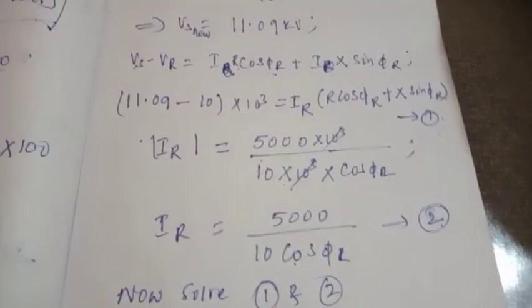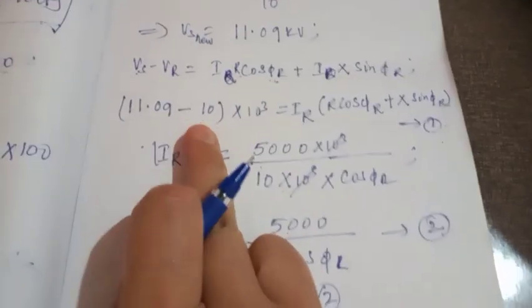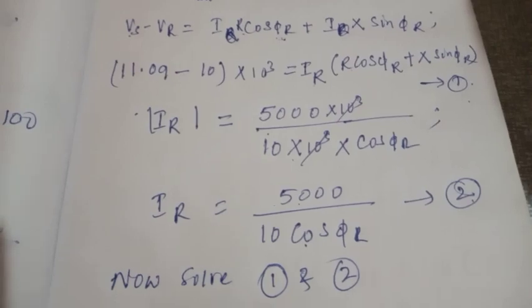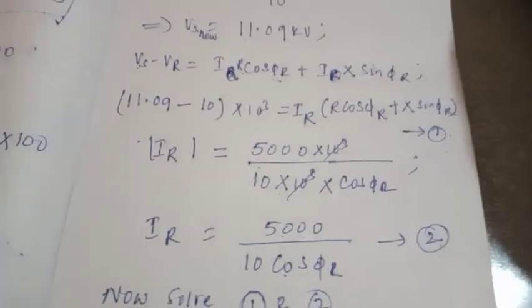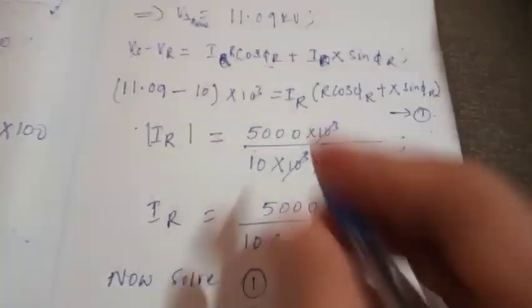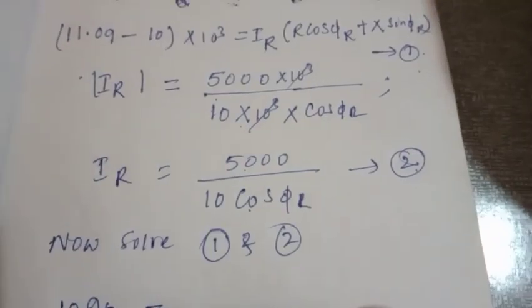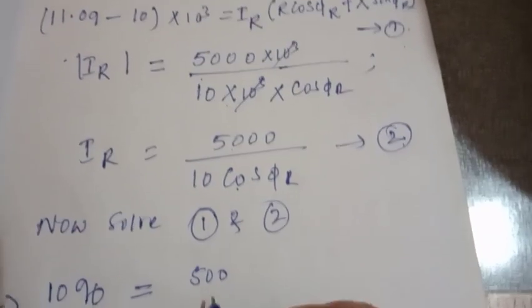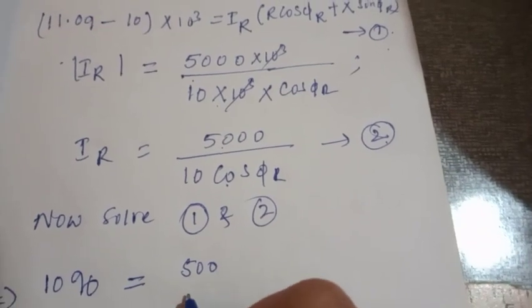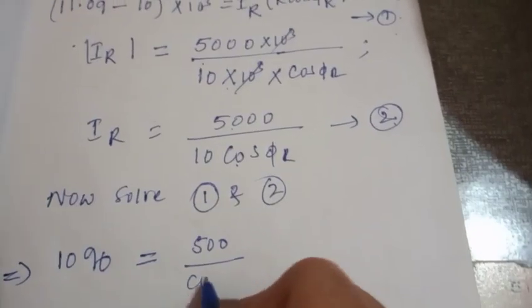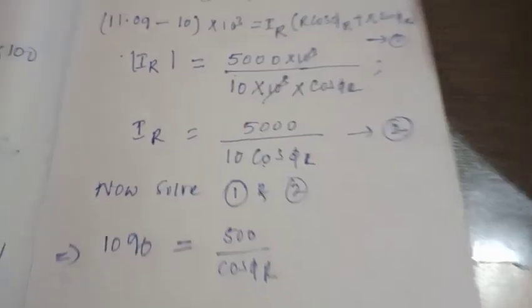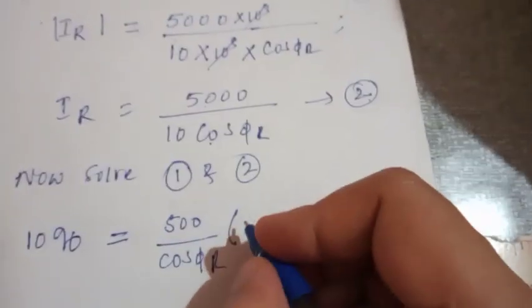What is 11.09 minus 10 into 10 to the power of 3? That comes around 1090. That is equal to, in place of IR, what do I have to substitute? I have to substitute 500 divided by cos phi r.